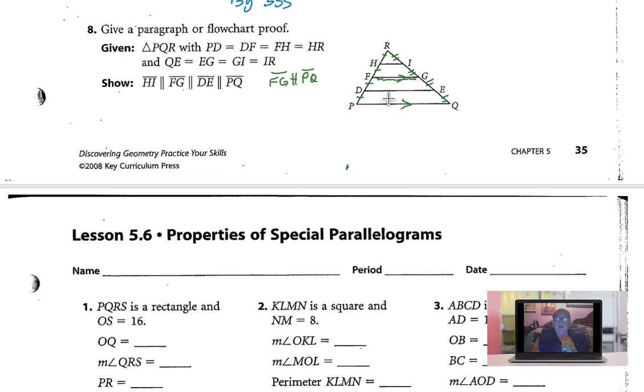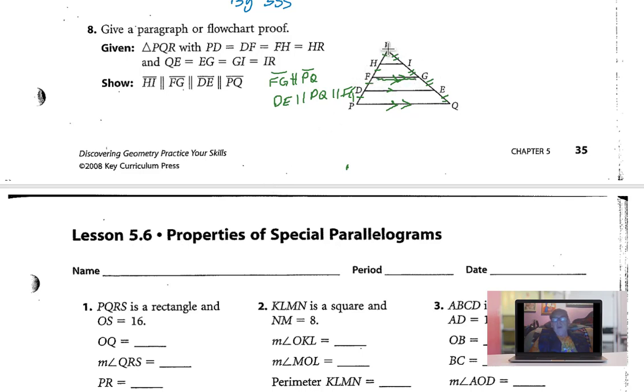And the midsegment is parallel to each one of those sides. So by doing that, we have that DE is parallel to FG and also parallel to PQ. So far we get all of these parallel to each other.